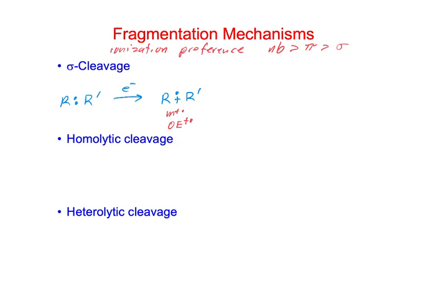Essentially, we've just weakened that bond, and so this can cleave in two different ways. The left R group could be the radical, and the R prime could be the cation. And notice this cation that's generated is an even electron ion.